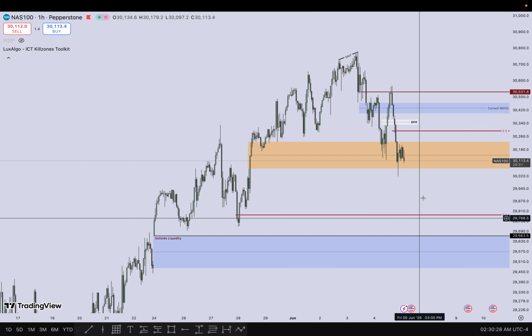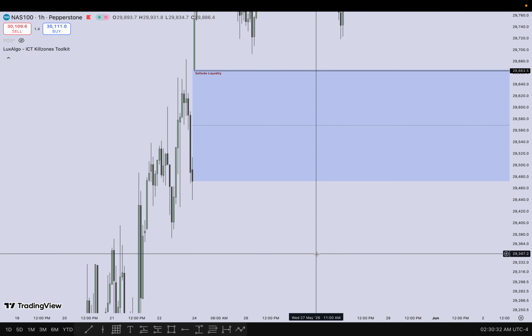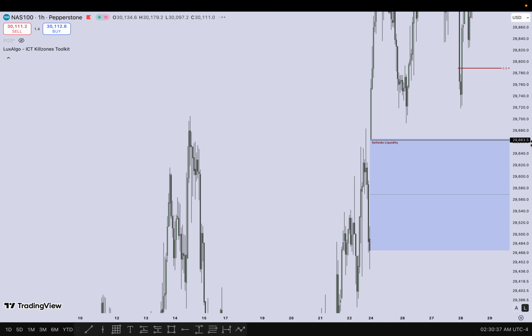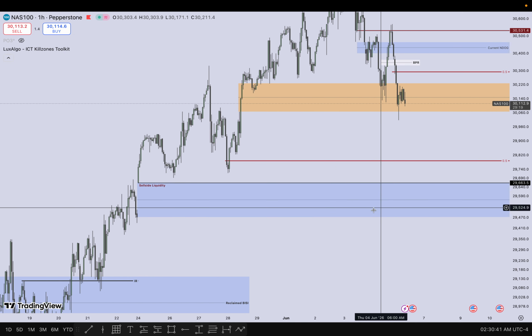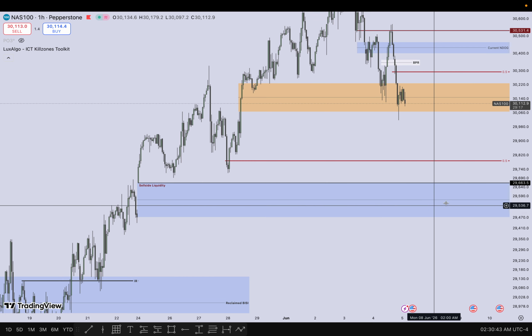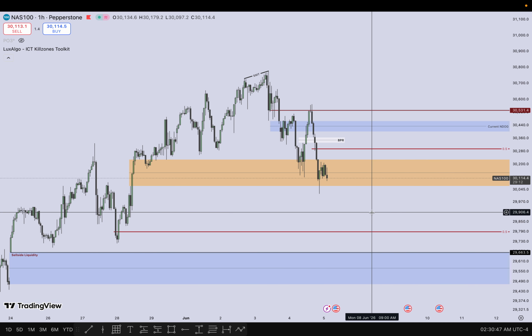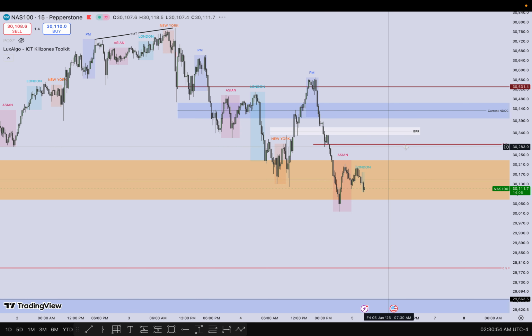It should go for lower prices to this inefficiency, because this inefficiency is not balanced or repriced, it's unmitigated. The price has not come into this inefficiency, so we can expect some sort of retracement into this level. So I think that's okay in the stocks.